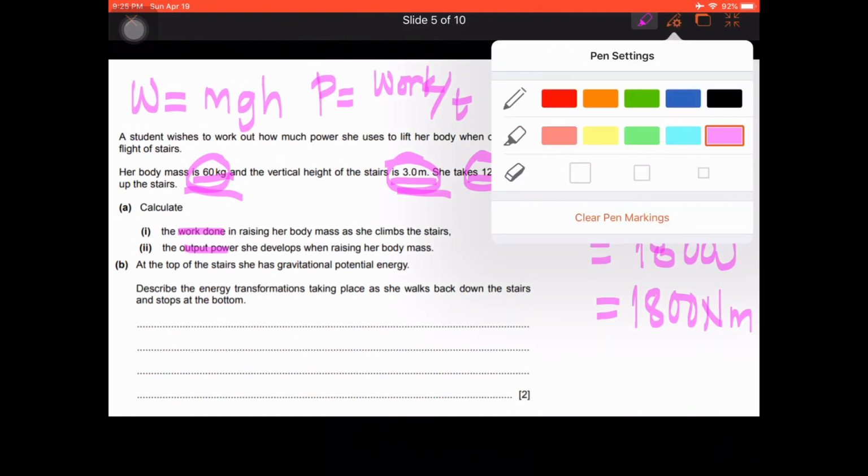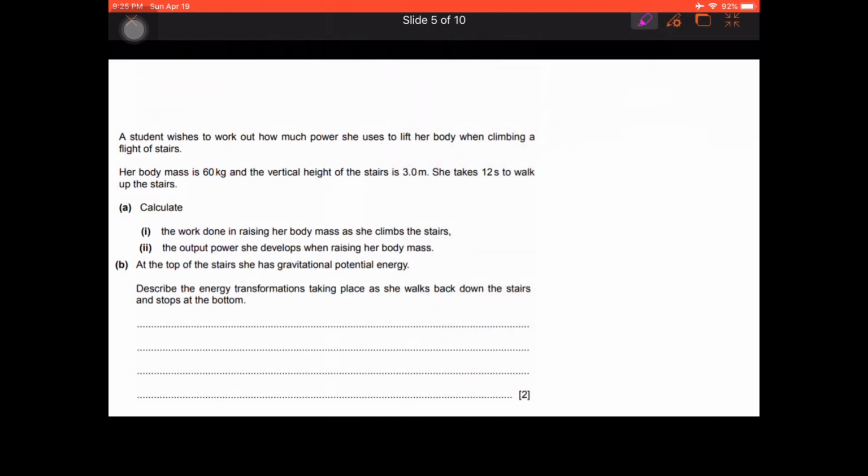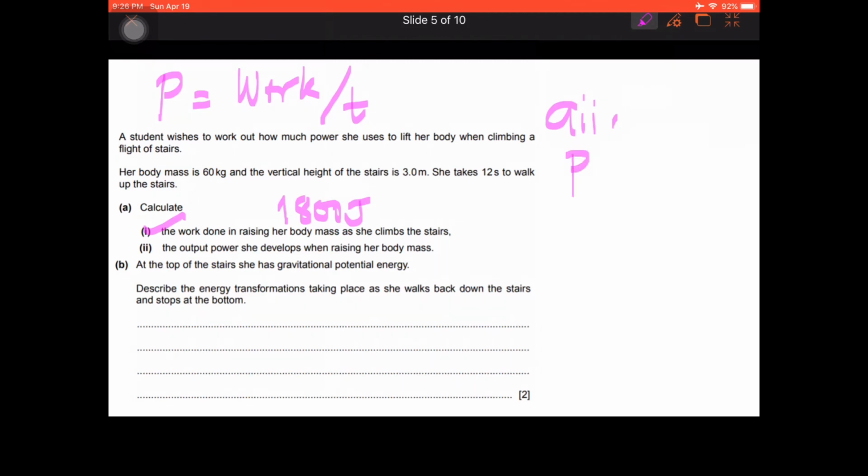Okay, let's move on to the second one, A2. We said earlier that power is equal to work divided by time, and the work done that we solved earlier for A1 is 1,800 joules. So now we're going to solve for power. Power is equal to work divided by time.